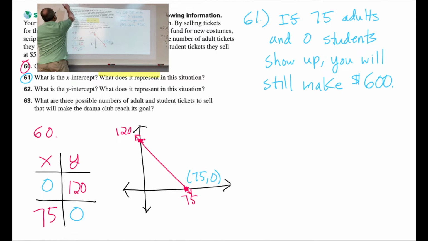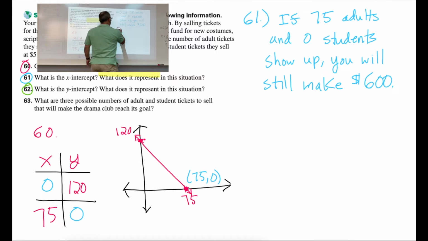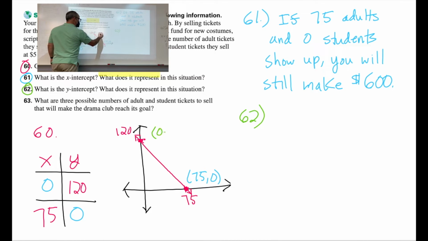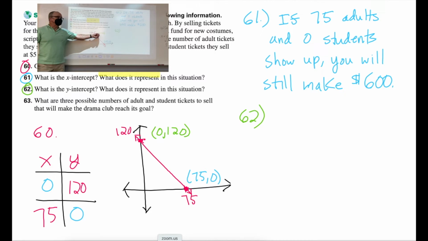What do you think 62 means? It's very similar to what 61 means. Reed, what do you think? It means the amount of students. It's the amount of students you would have to have show up if no adults showed up.